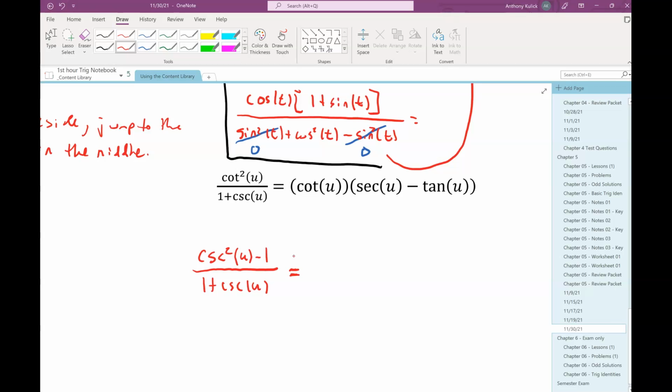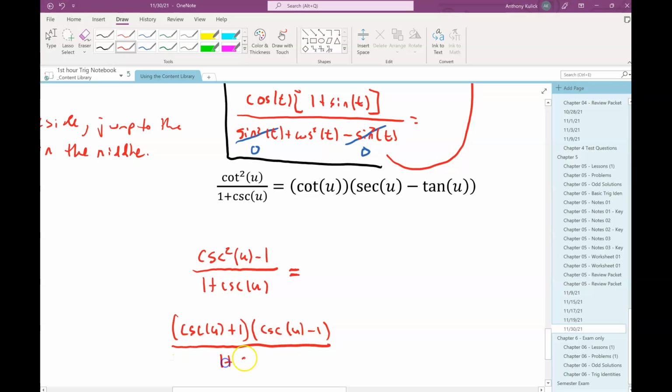So cosecant squared u minus 1 does factor into cosecant u plus 1 times cosecant u minus 1. And then I can reduce those two pieces.